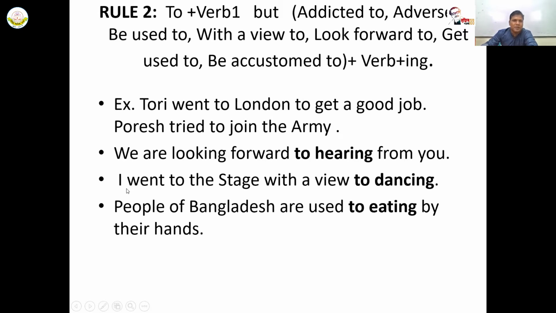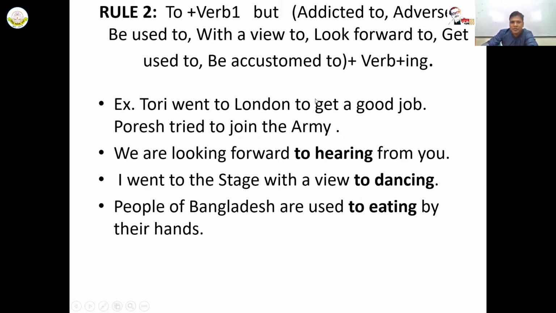In a similar way: I went to the stage with a view to dancing. Dance is a verb, but after with a view to, the verb takes the ing. Another example: people of Bangladesh are used to eating by their hands. Here is the to, but it's different from the simple to plus verb 1.